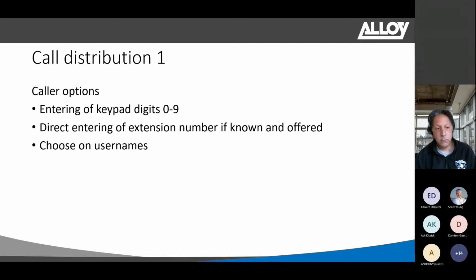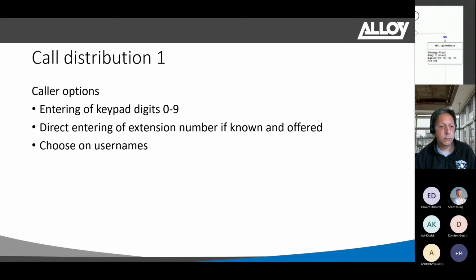We look at call distribution point 1, the caller options. They enter the destination they want based on offered options. So you enter on the phone the digits 0 to 9 based on the menu you hear. In some IVRs they have the option to directly enter the number of the destination if the number is known and if it is offered.